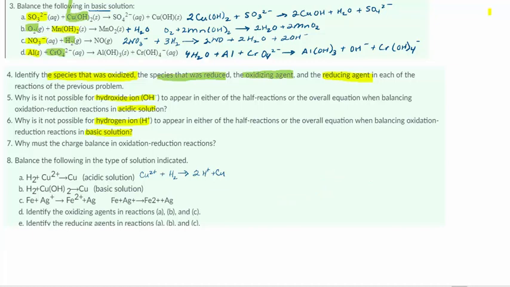For B, again with our hydrogen ion, and this time we have a copper hydroxide, and this is copper 2 hydroxide, reacts to form solid copper. Again, we have hydrogen. Then we're going to need our copper hydroxide here. And we balance all of our elements other than oxygen and hydrogen first.